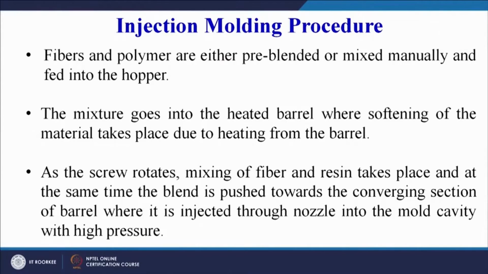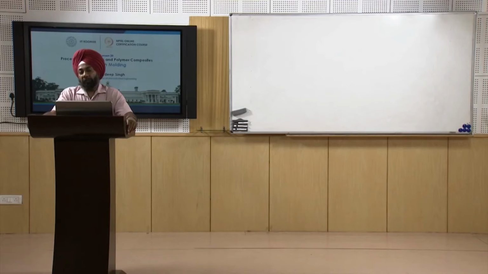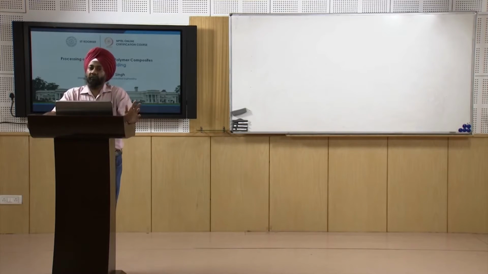The fibers and polymers are either pre-blended or mixed manually and fed into the hopper. Now 2 points are important here. Pre-blended pellets are available which have very small size fibers pre-blended into the polymer. Then the process becomes very simple.